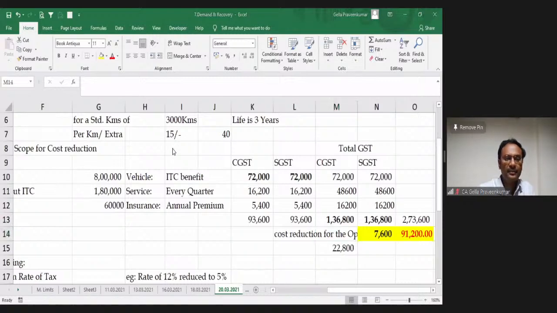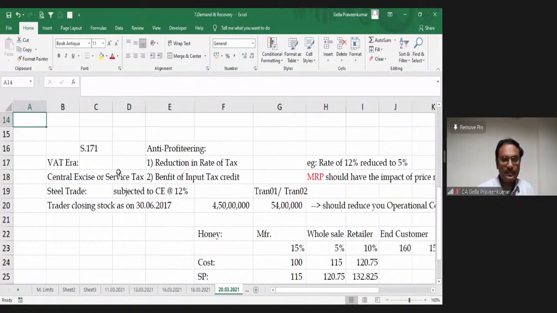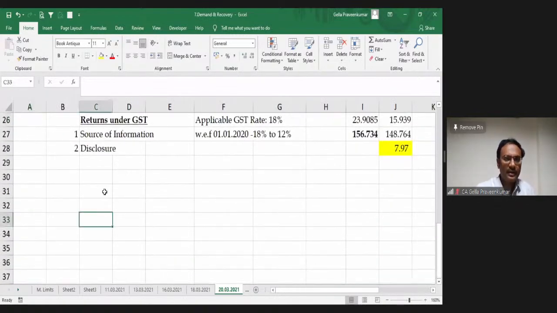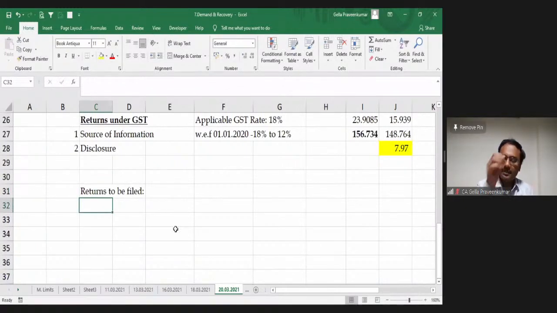Now, when I was talking about returns, I'll give a couple of examples which are easy for us to understand.